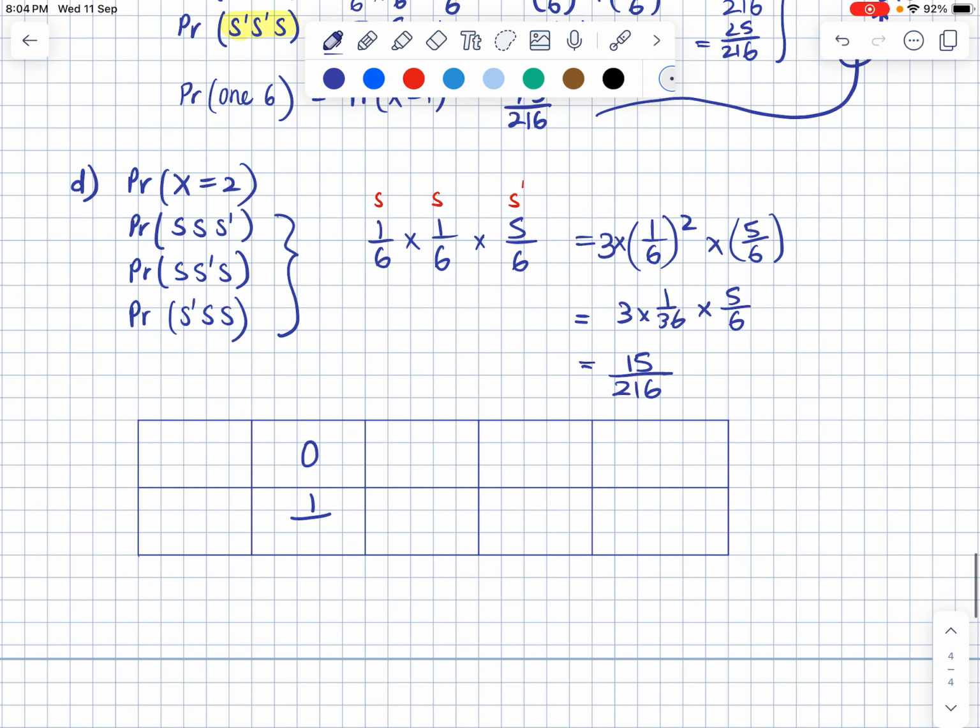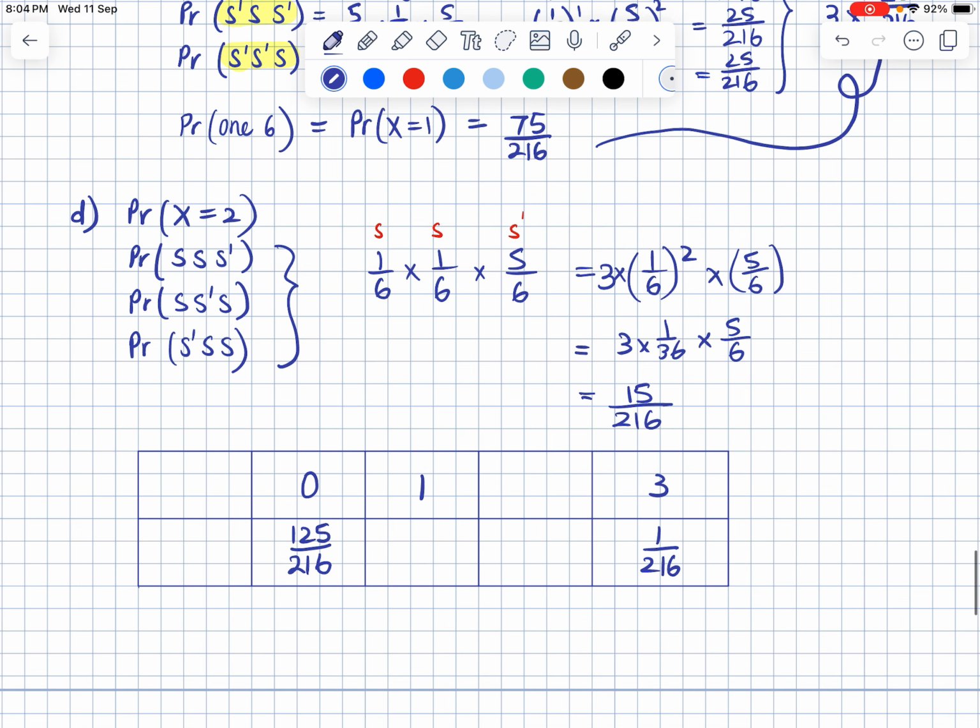Okay, so this should have been, let's correct this, probability of getting 0 6s is 125 out of 216. Probability of getting 3 6s was 1 out of 216. Probability of getting 1 6 was 75 out of 216. And the probability of getting 2 6s was 15 out of 216.